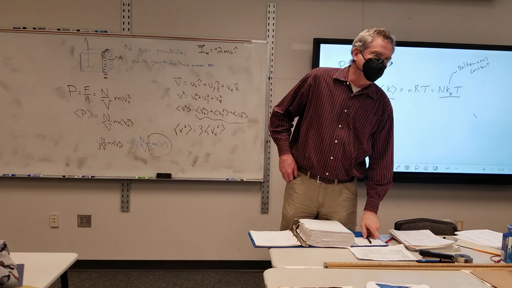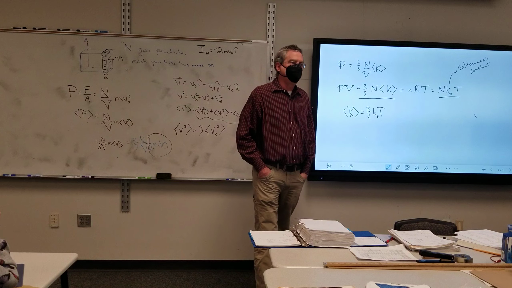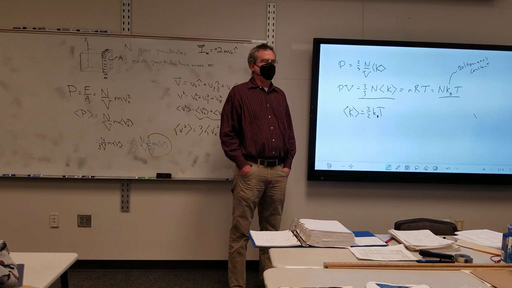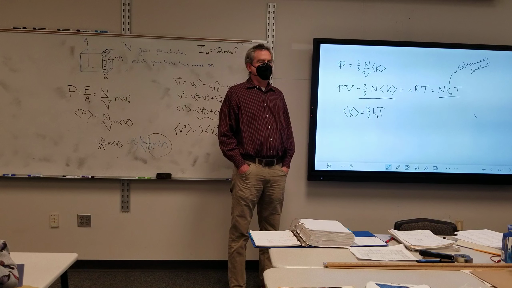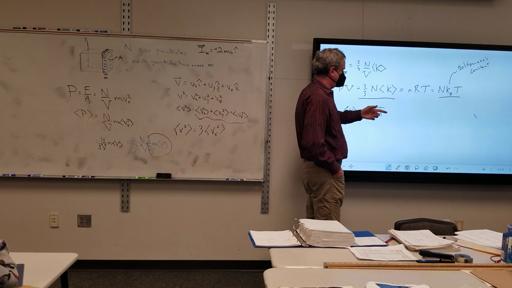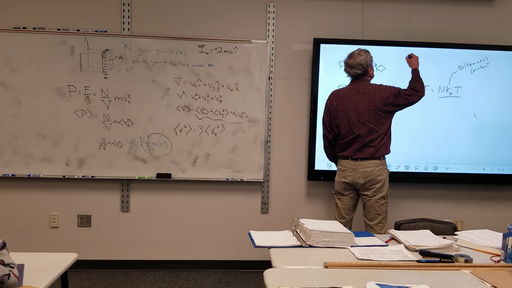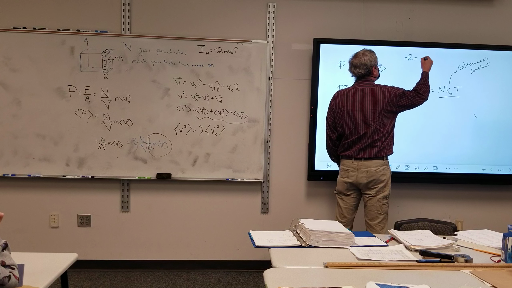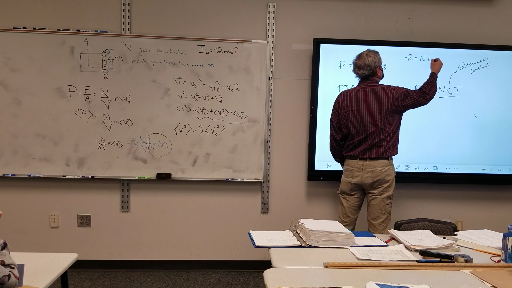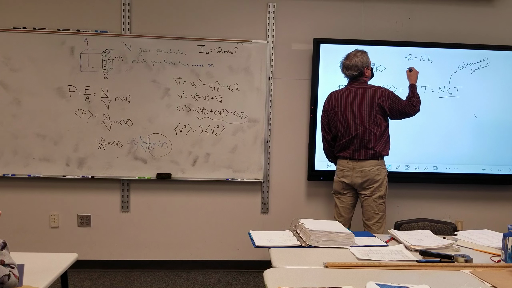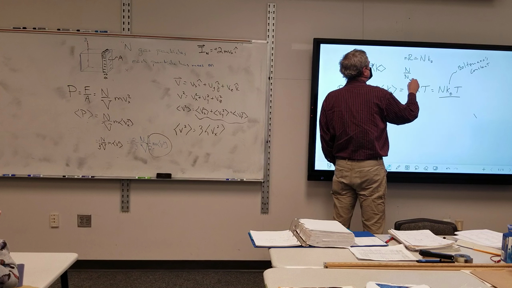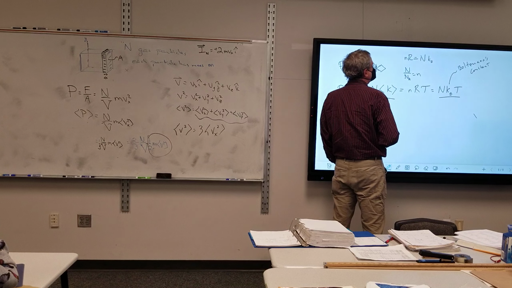Is Boltzmann's constant the same as the 0.0821, the ideal gas constant? No, the relationship is that nR is equal to big N k_B. The number of particles divided by Avogadro's number is equal to little n.